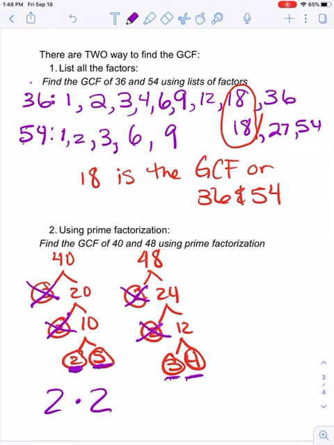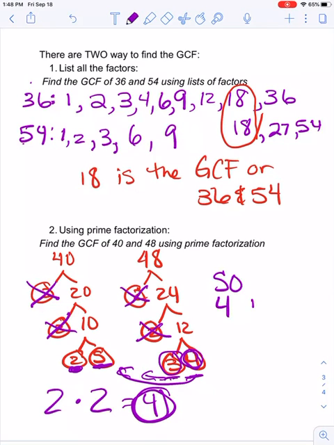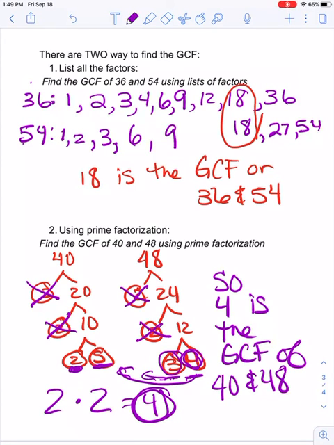I can't cross out this 5 because there's not a 5 over here. I can't cross out this 3 because there's not a 3 over there. And I can't cross off a 4 because there's not a 4 over there. So 2 times 2 equals 4. So 4 is the GCF of 40 and 48.